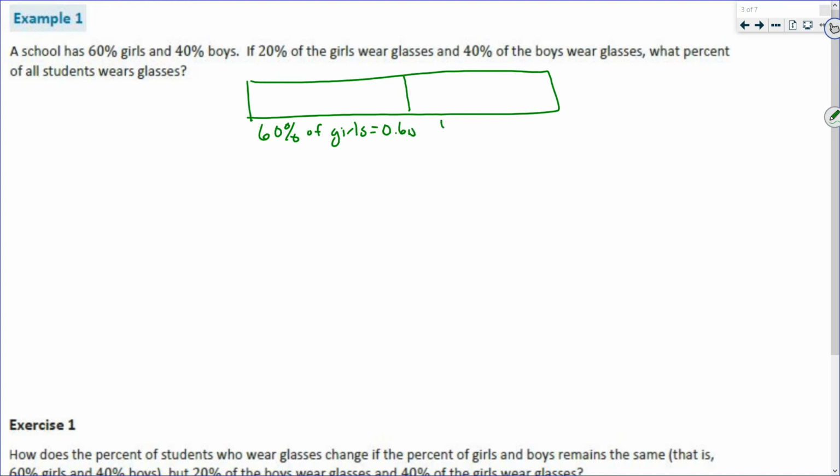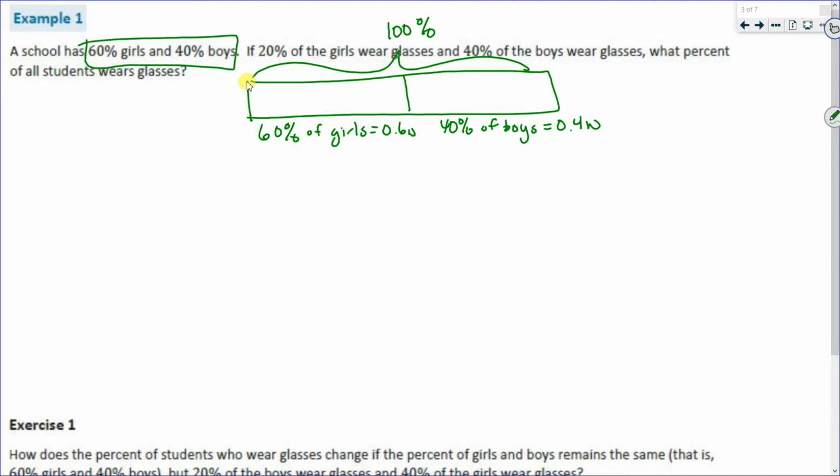And then this is going to be 40% of boys, which we're going to represent with 0.4n. And then this whole thing here is going to represent 100%. So think about it. All I've done is take a 100% tape diagram and I've broken it up into 2 individual sections based off the information that was provided to me here.